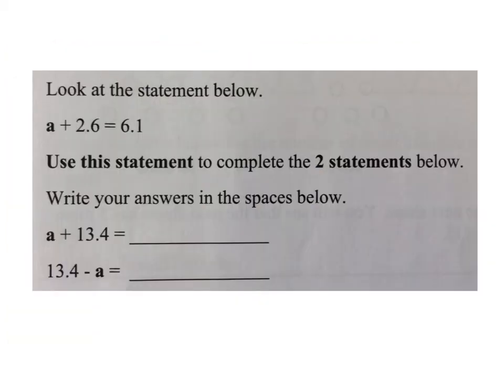Look at the statement below. A plus 2.6 equals 6.1. Use this statement to complete the two statements below. Well, the first thing we need to do is work out this value of A. So we can put it into a sum. We can take our 2.6, and if we subtract that from 6.1, we will find out what A is.